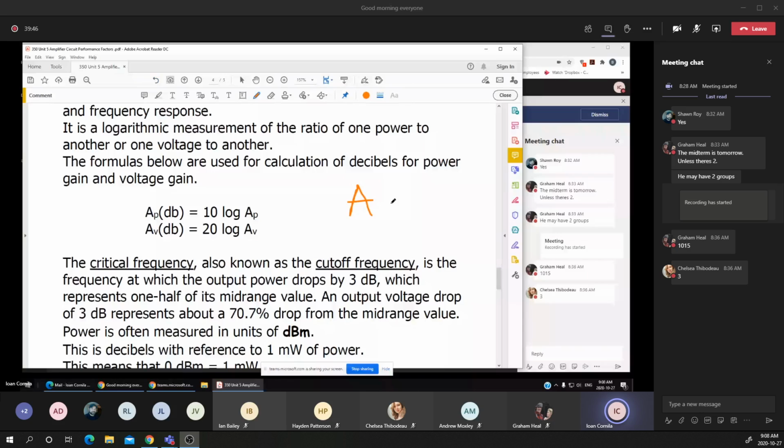I mentioned that if A is greater than 1, let's say it's the ratio of the V out over the V in, if this ratio is greater than 1, A is an amplification, means that the output voltage is amplified with respect to the input voltage. But at the same time, we may have the output voltage less than the input voltage.